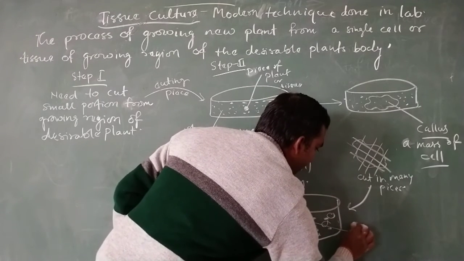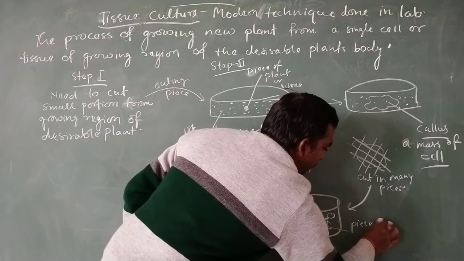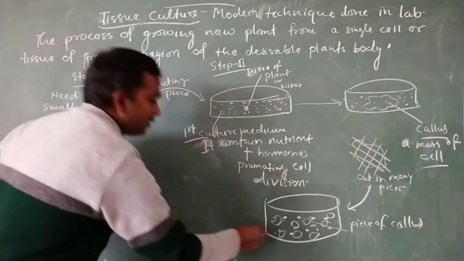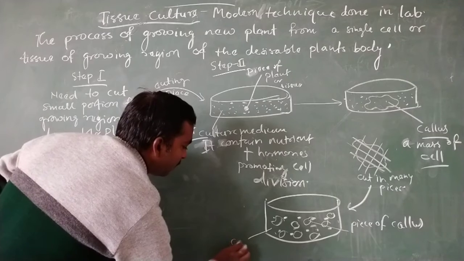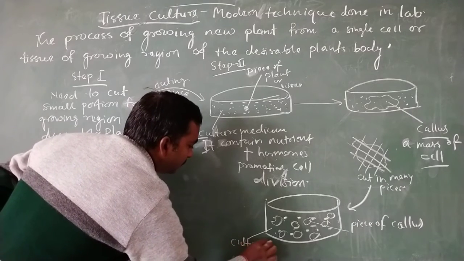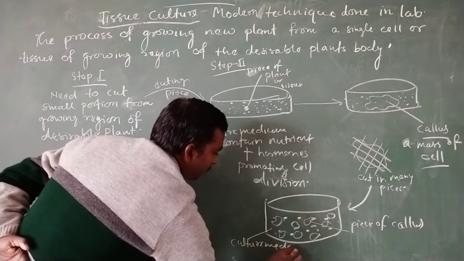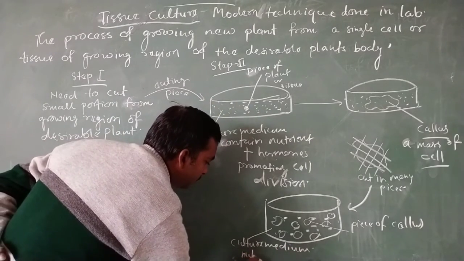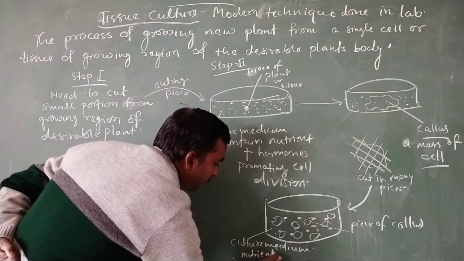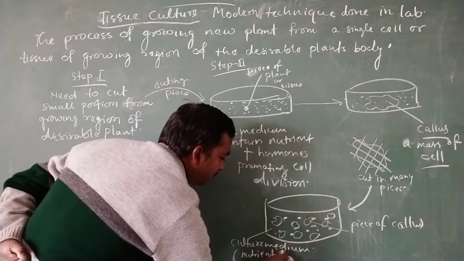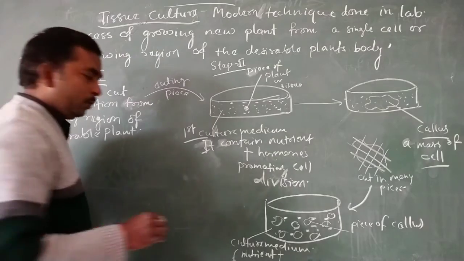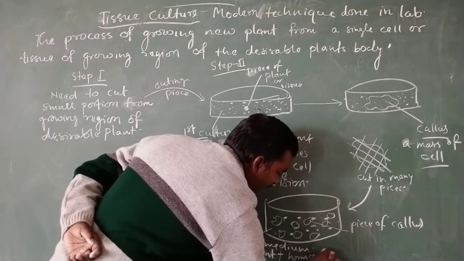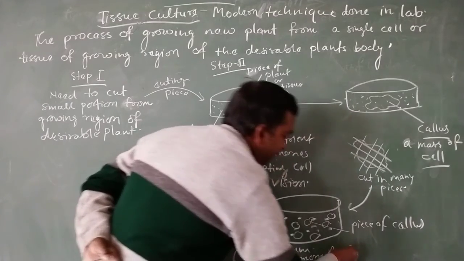Then the callus is transferred to this culture medium. This medium contains nutrients. In this culture medium we include nutrients plus hormones for differentiation.